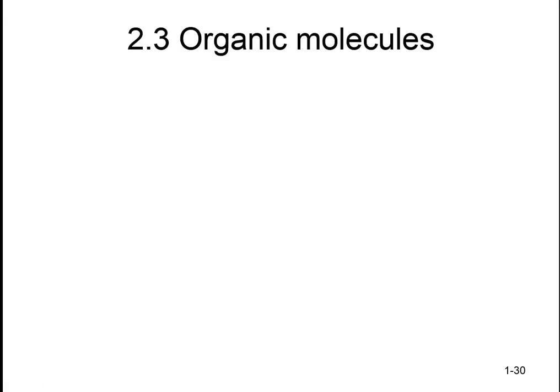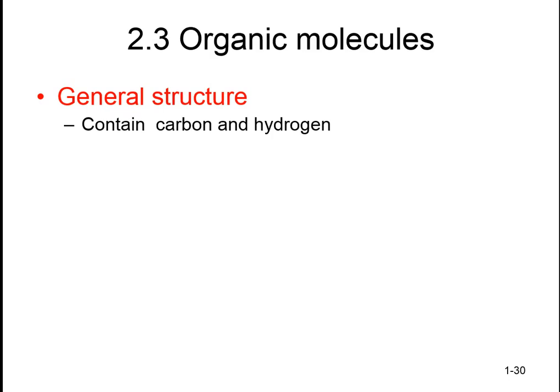The second part of chapter 2 is about organic chemistry. It's a lot of work, so focus. We start with organic molecules. So what are these? Organic molecules contain carbon, hydrogen.